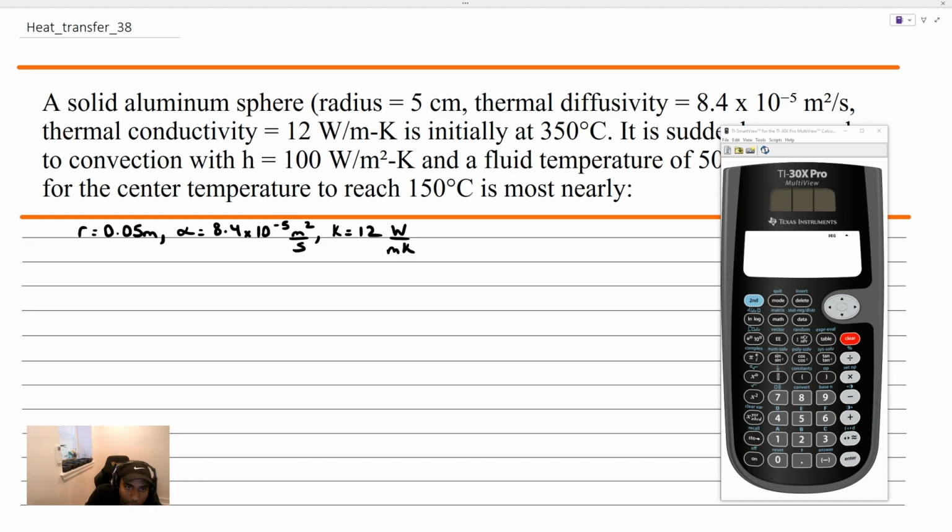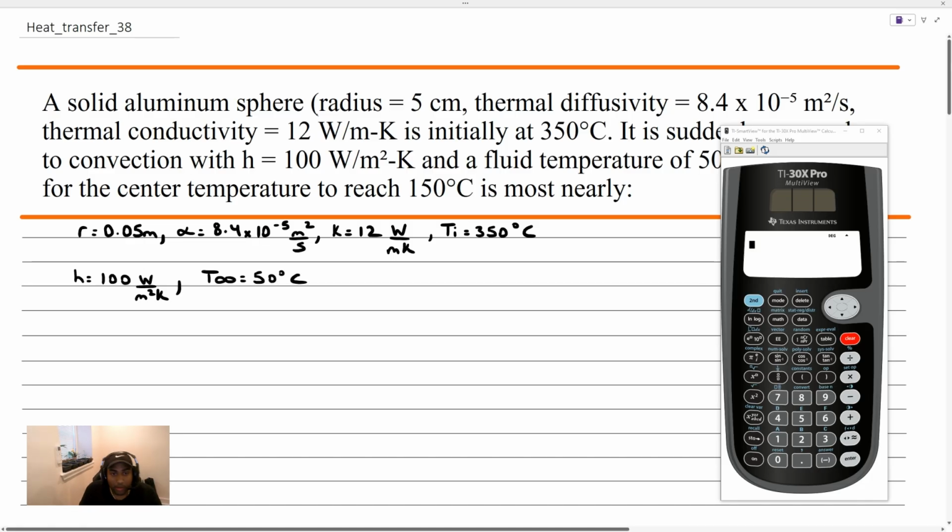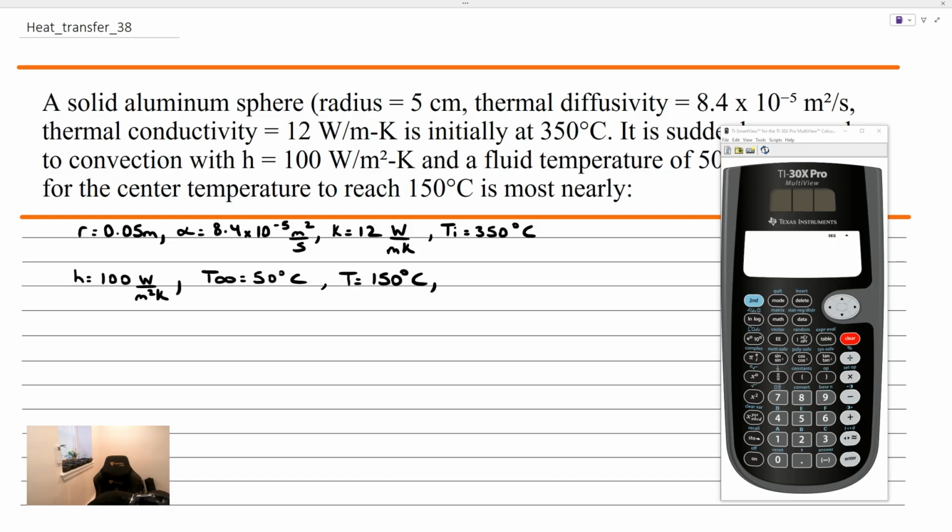It says that the sphere is initially at a temperature equal to 350 degrees Celsius, and it's exposed to a fluid with a convection coefficient of 100 watts per meter squared Kelvin. We have a fluid temperature, T infinity, equal to 50 degrees Celsius. And the center temperature is going to reach, in the end, 150 degrees Celsius. We're asked how much time that is going to take.